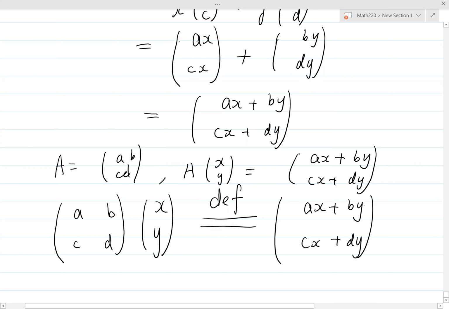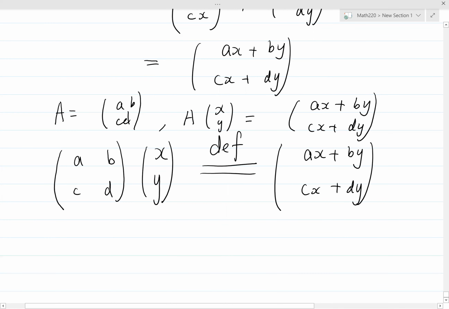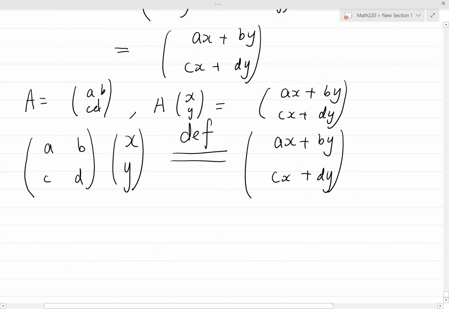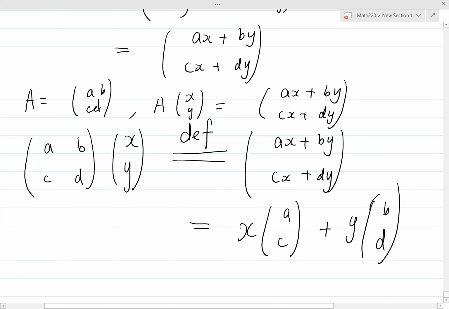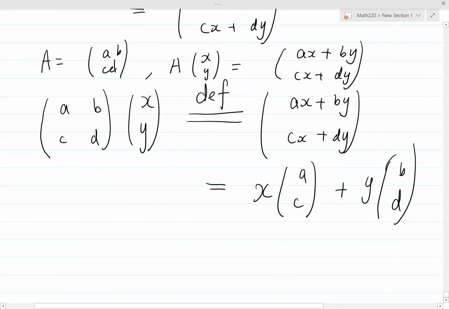Or you can write in this form as x times a, c plus y times b, d. A matrix tells you a rule how you do the transform. Plugging in x, what do you get? Plugging in y, what do you get?